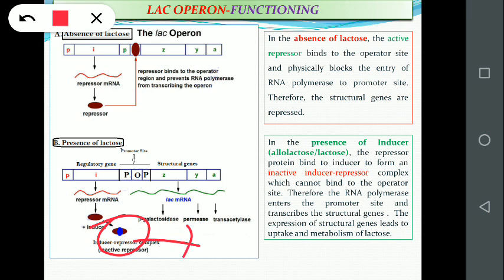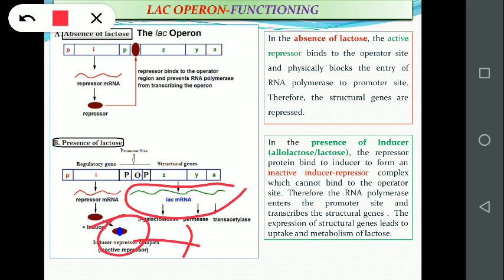The inactive repressor cannot bind to the operator site. Once the operator site is free, the promoter site will be occupied by RNA polymerase. Now the RNA polymerase has no obstruction in front of it, so it moves along the structural genes and transcribes them to produce a large mRNA molecule.